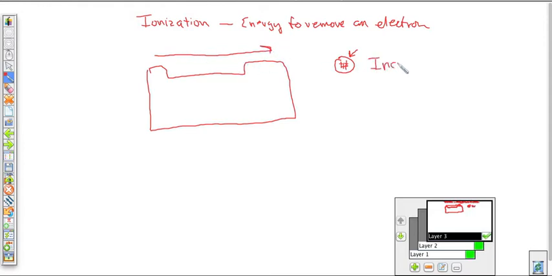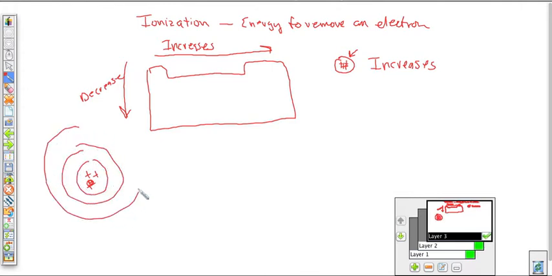You need more and more energy to remove those electrons, for the same reason that the atom gets smaller: there are more positive charges pulling those electrons closer and closer. Of course, the opposite is true when you go down. If this increases, this would decrease. Here's your positive nucleus, and you have electrons here, here, and here.